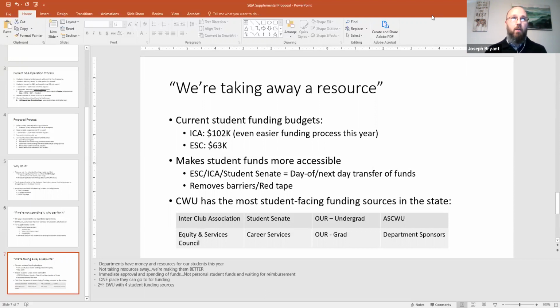We could be intentional and say you can use these funds only for programs or only for student-sponsored things. We can be specific in allocating that out, and they then have to use it based on that. I don't know if there's another response or if Lacey has more, because I can't necessarily see everyone, but I know there are a few comments in the questions that I'll get to in a second.